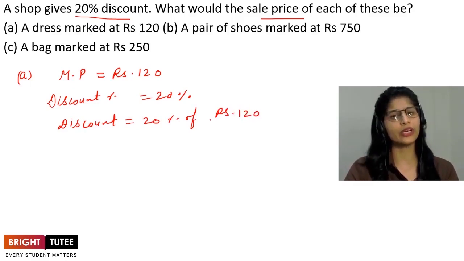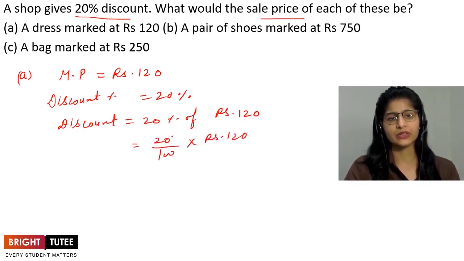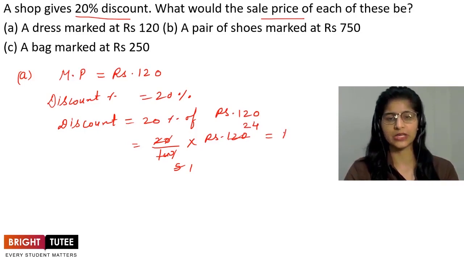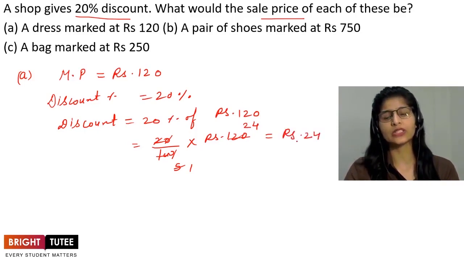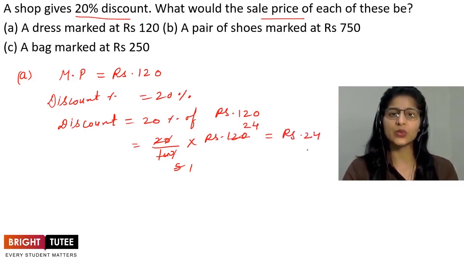On this amount only we have to deduct 20%. 20 upon 100 into rupees 120. So cancel the zeros like this, and then 2 ones are 2, 5 2s are 10, 5 ones are 5, 5 2s are 10, and then 2 left, 5 4s are 20. So we get the discount as rupees 24.